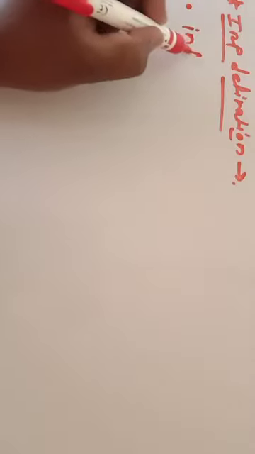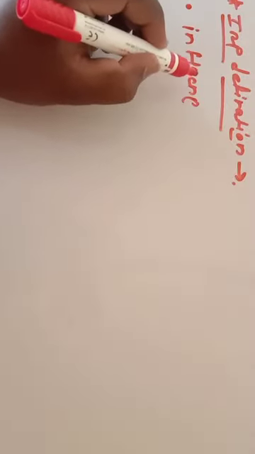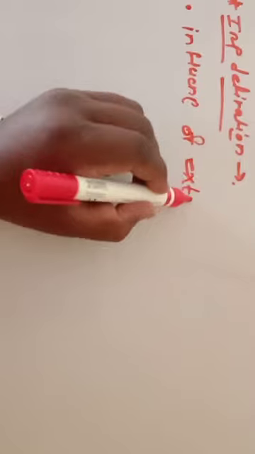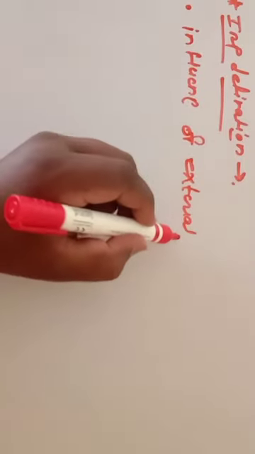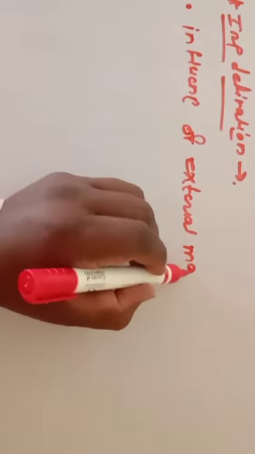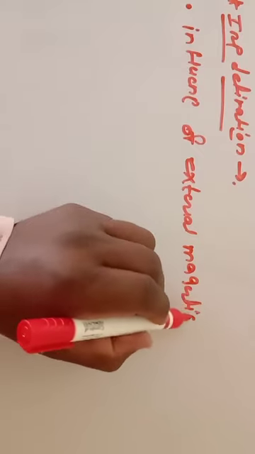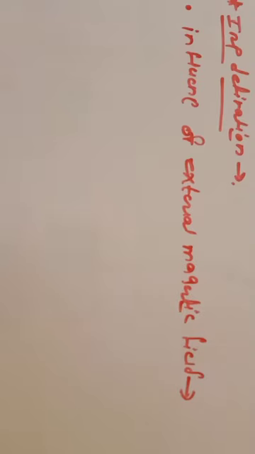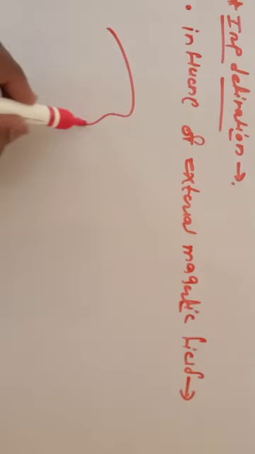So let us discuss what actually happens in the case of an external magnetic field. We will discuss it with the help of a diagram.